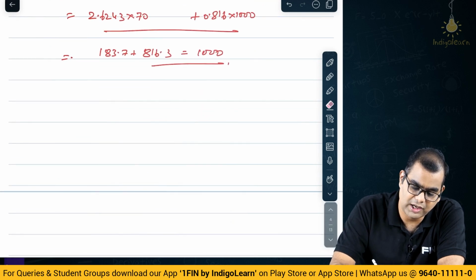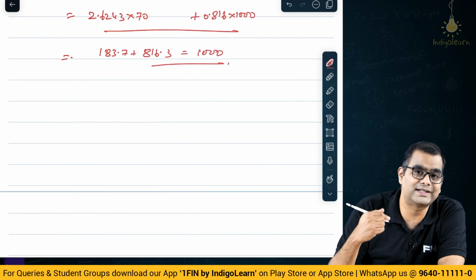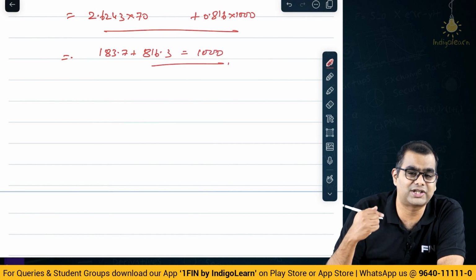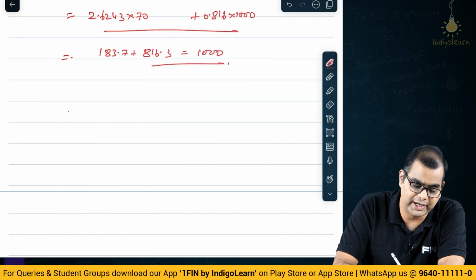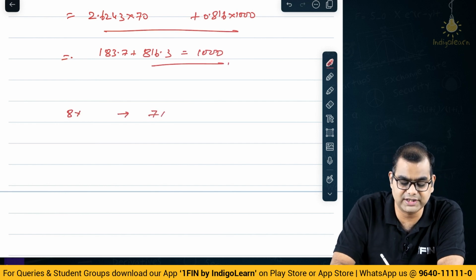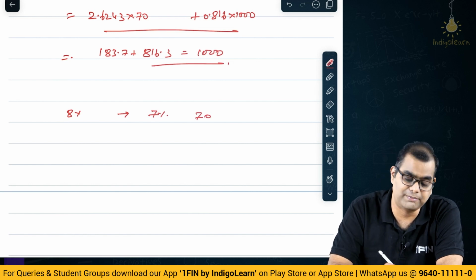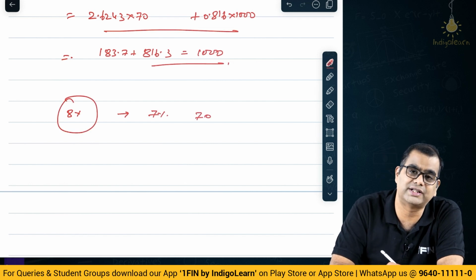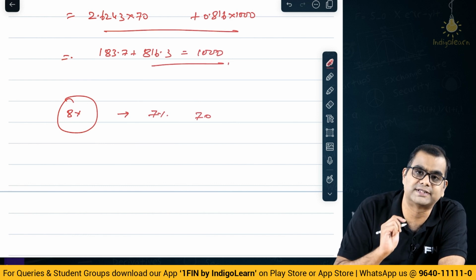So, after 1 year, yield has gone up. The market interest rate, the expectation of the interest rate from a similar kind of a bond with similar rating is now 8%. Whereas, you are giving a bond which is giving only 7%, that is 70 rupees on 1000. Whereas, market, anyone issues afresh, they are giving 8%. So, you will discount the cash flows by 8%.